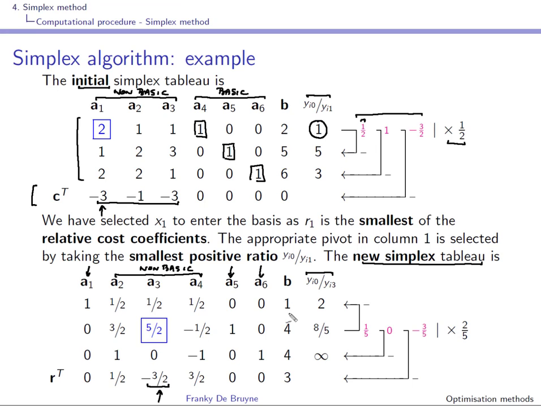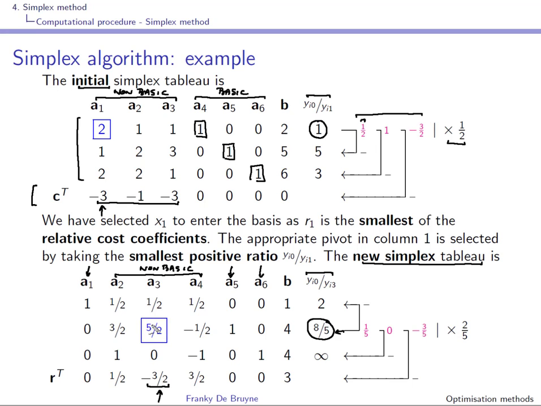So this one divided by a half, that's 2. This one divided by 5 over 2, that's 8 over 5. And 4 divided by 0, that's tending to infinity. So the smallest value is this one over here. So we have selected this column and this row, so the pivot is 5 over 2, right?